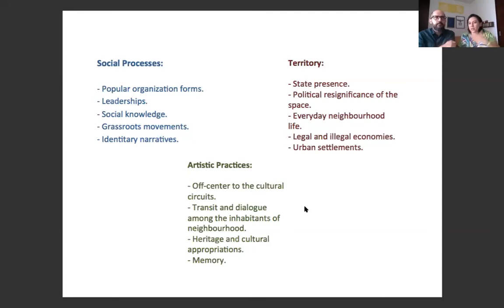Memory is always working here. And for us, of course, the cases took place in off-center places of the cultural circuits. We are not talking about projects in the downtown or visible for the art field, nearer to the global or contemporary scheme. No, they are in peripheral neighborhoods.